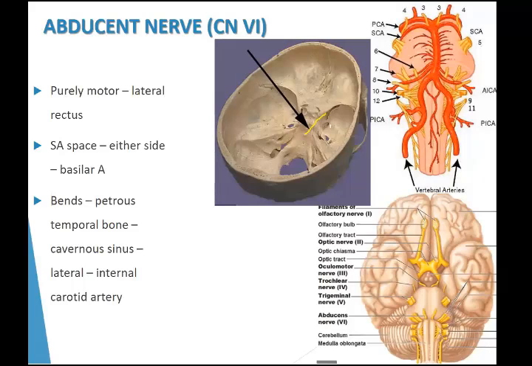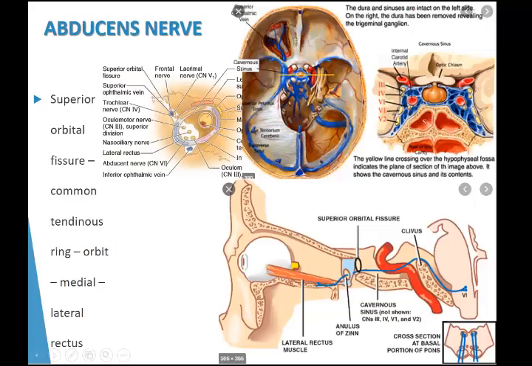So this nerve is lying inside cavernous sinus in between these veins. If you remember correctly, running in the substance of the cavernous sinus was this internal carotid artery.